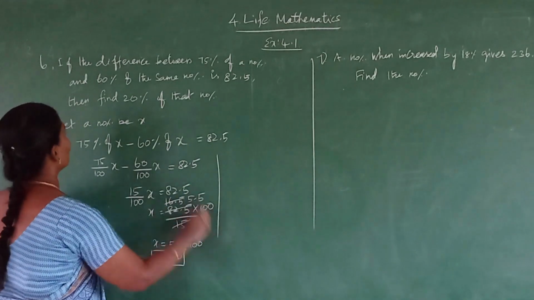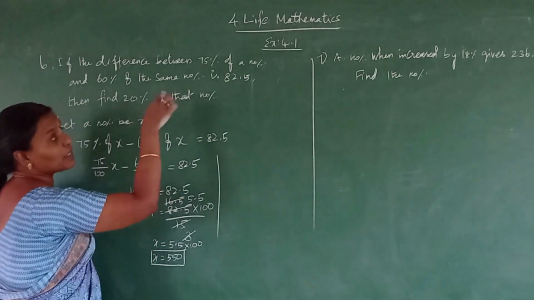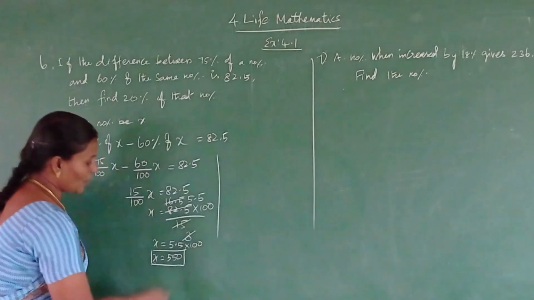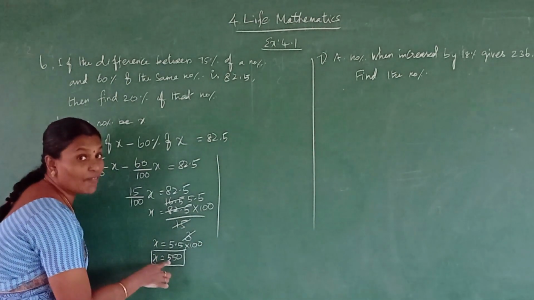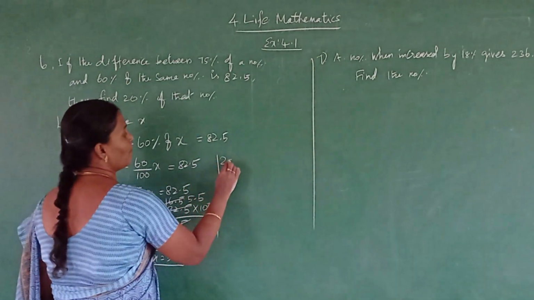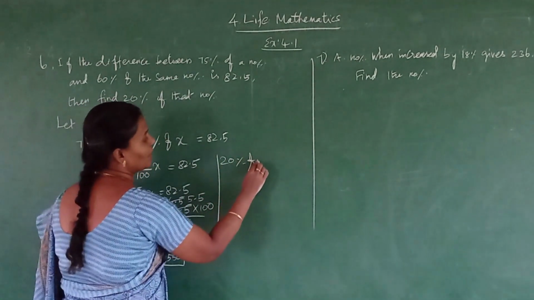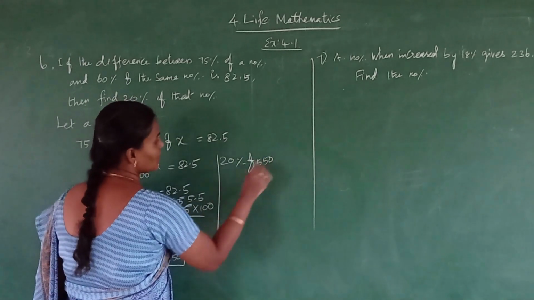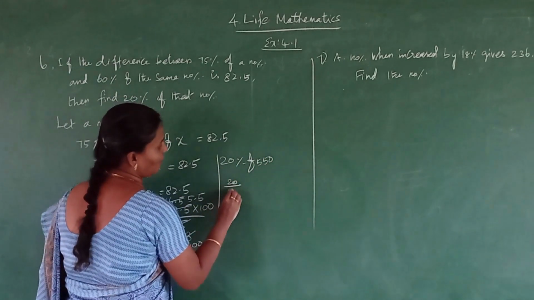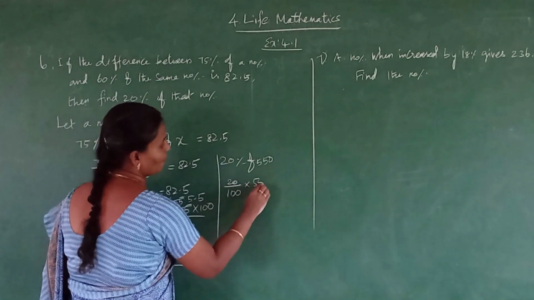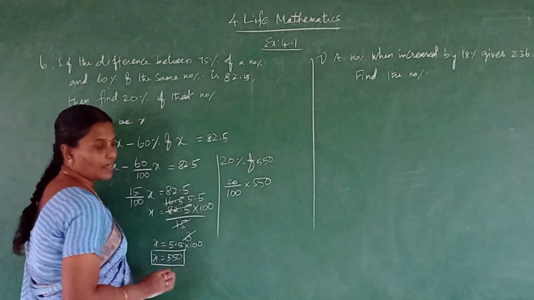Okay, what is your question? Then find 20% of that number. So the number we found is 550. So 20% of 550 is equal to 20 by 100 multiplied by 550. Understand, children? Good.